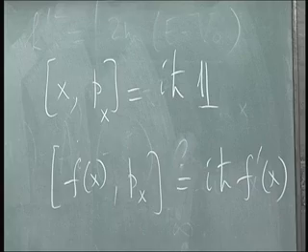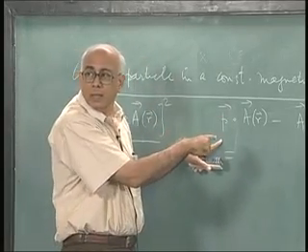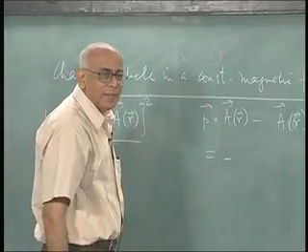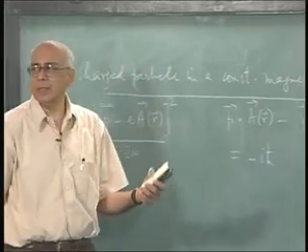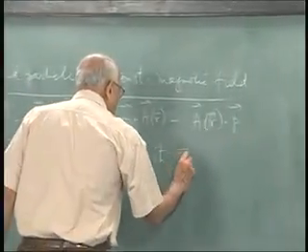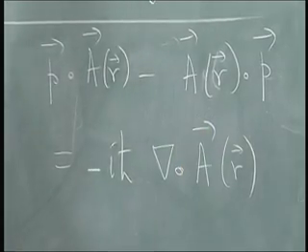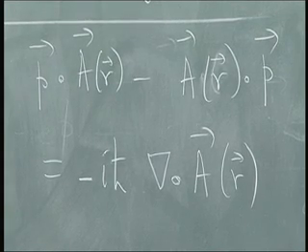Therefore one can write this down. I got a p first rather than an x first, so I must put a minus sign to start with so I do not make a mistake, and then an i h-bar is going to appear here, except it is in 3 dimensions. So instead, what will I get? It is a dot product. So this is going to be the divergence of A, del dot A of r. You can go through the components and so on, but it is equal to this.